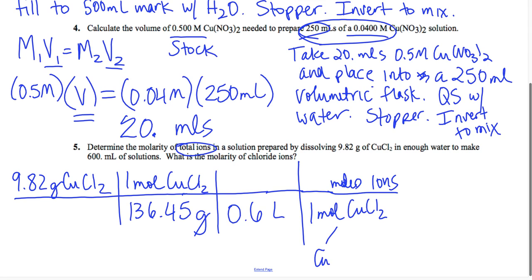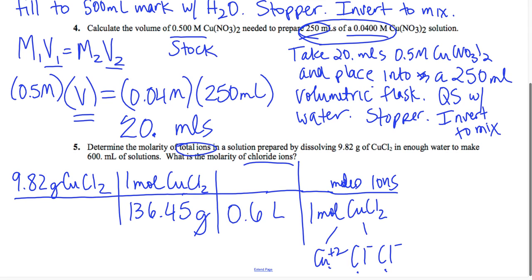No, it's total ions first, and then chloride ions is later. How many moles of ions do I have for every 1 mole of copper 2 chloride? 1, 2. Do y'all get that? You're looking at me like I'm literally from space. It's the molarity of total ions first, and then chloride ions.